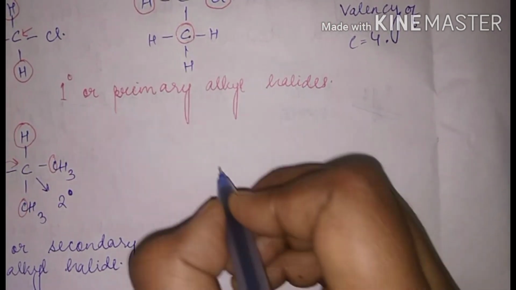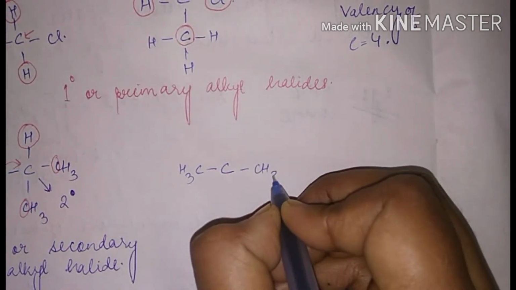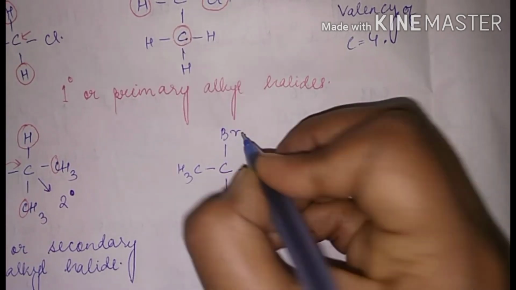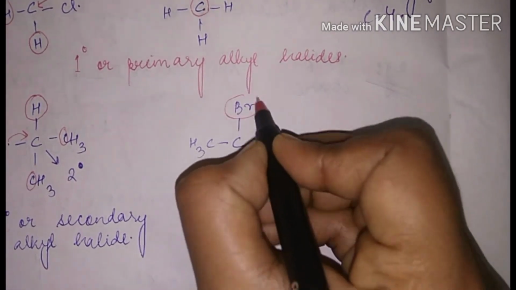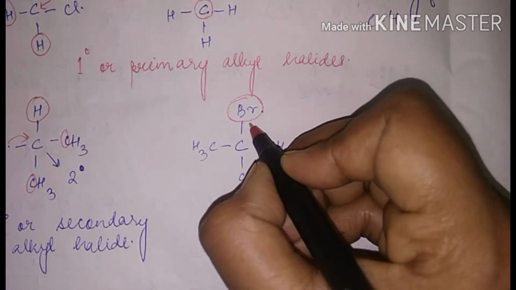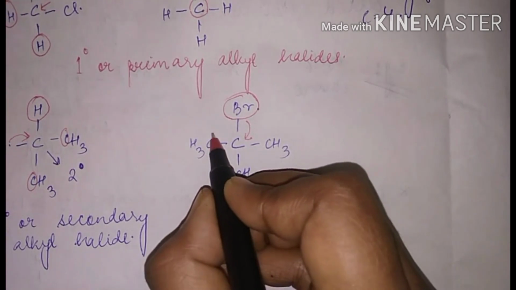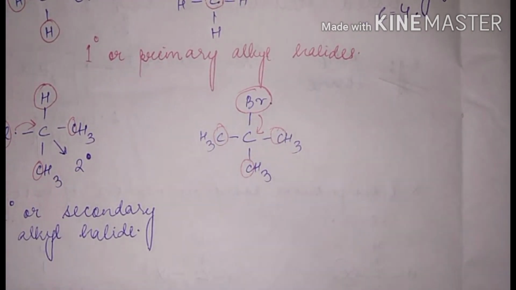The third example we take is an example of bromine. Here this halogen is the bromine atom. This bromine is connected to this carbon atom, and this carbon atom is further connected to 3 other carbon atoms and no hydrogen or any other carbon atom.